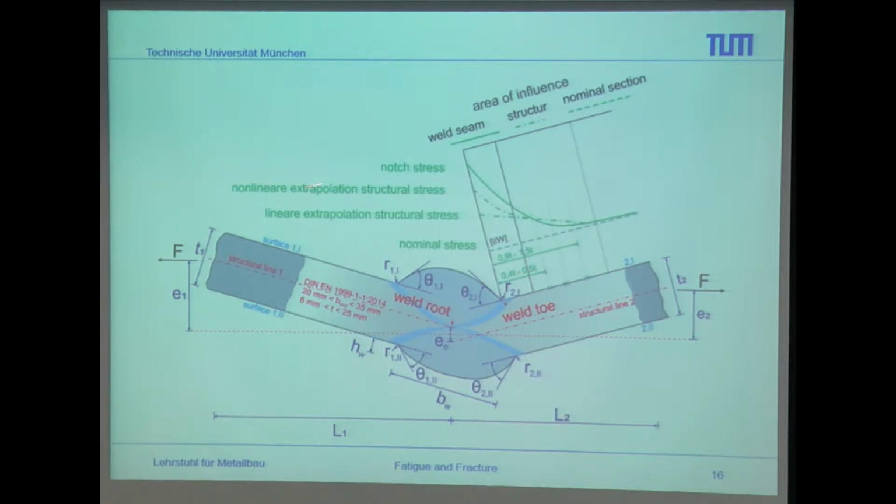Therefore, in the guidelines, there exist different extrapolation rules. These extrapolation rules are defined by the measuring of strain gauges, but at the same time are also referenced to the numerical analysis. So if you want to look into the literature for the structural stress concept, hotspot concept, you're always going to find the information on the extrapolation rules.